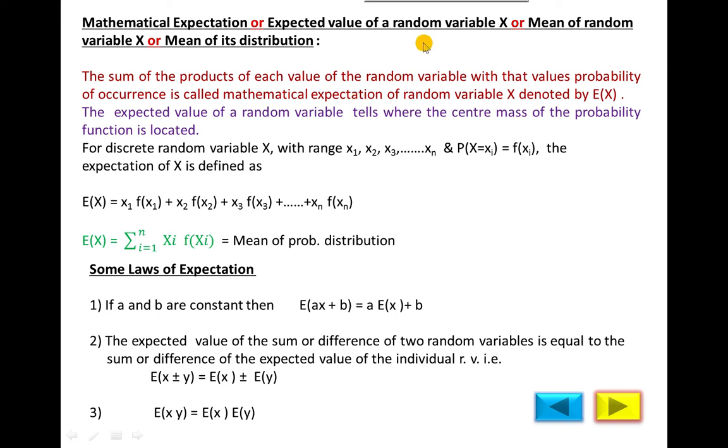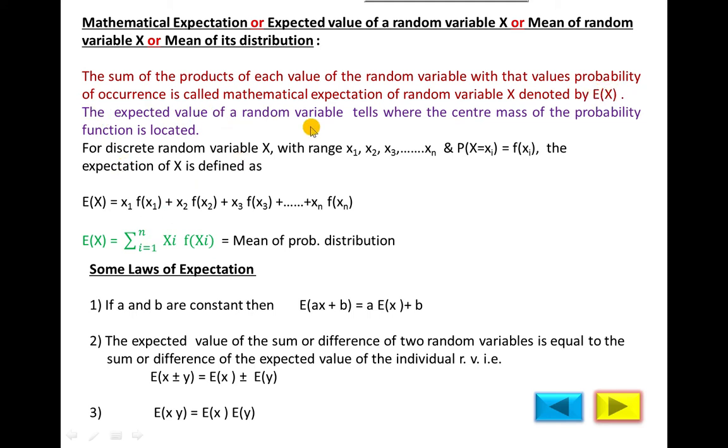In probability distribution and in frequency distribution it is called mean of random variable x, denoted by Ex. This is also called the mean of the probability distribution. So for mean of the probability distribution we use this notation and this formula.